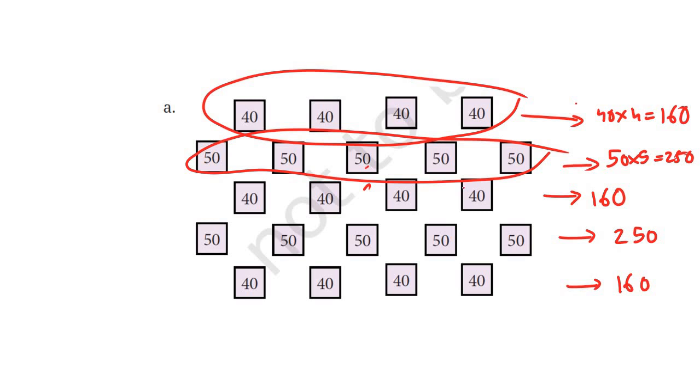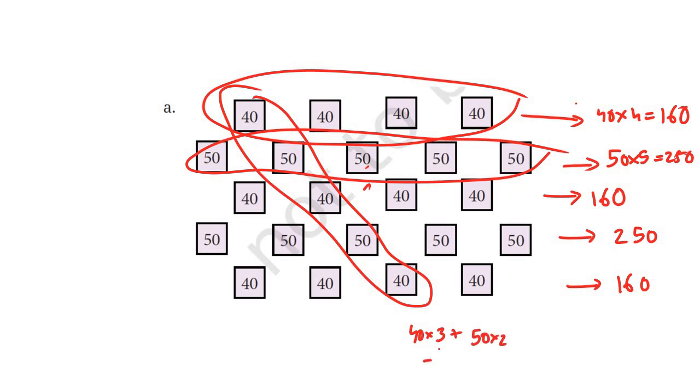So it is this. Next, you see there are other ways also. Say for example this one. How do you do this? You do 40 into 3 plus 50 into 2, which is equal to 120 plus 100. So 220. Okay, so this is the sum. Next, this one.